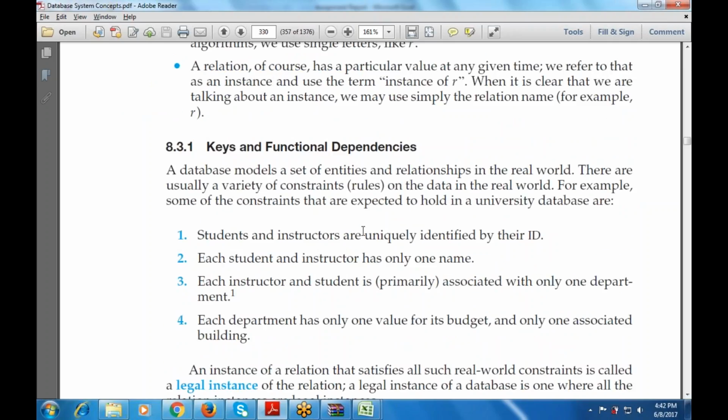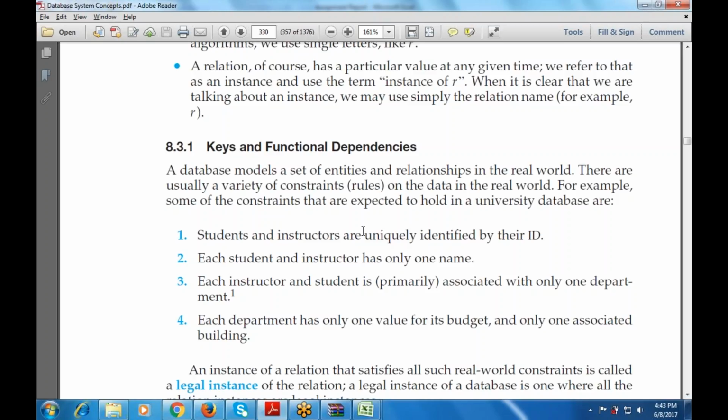Now, what are keys and functional dependencies? A database models a set of entities and relationships in the real world, and there are usually a variety of constraints on the data in the real world. For example, some of the constraints that we expect to hold in a university database are: students and instructors are uniquely identified by their unique ID.